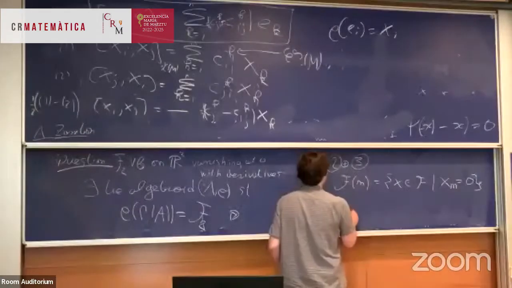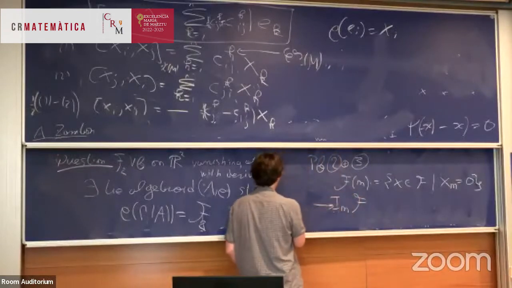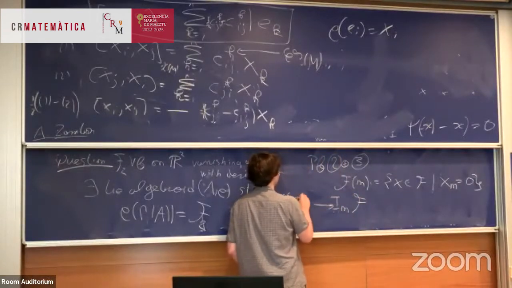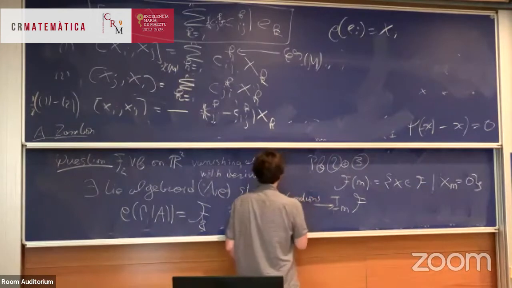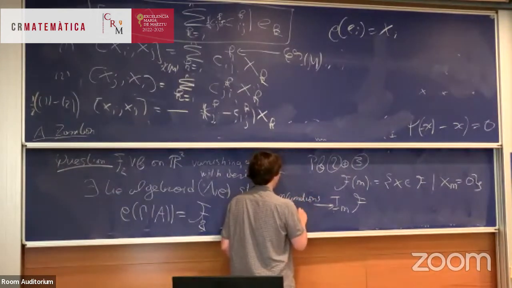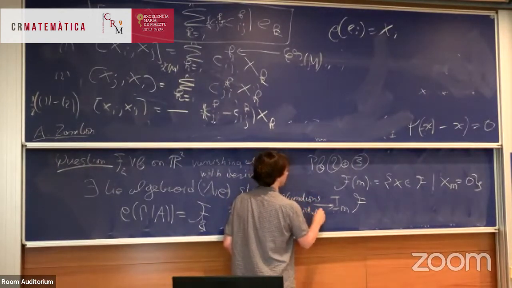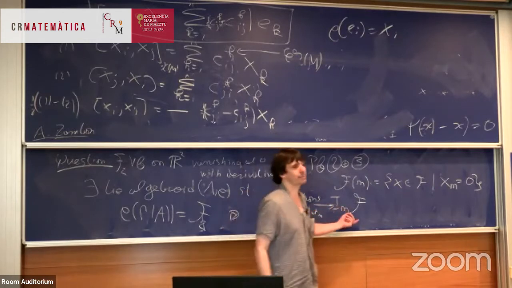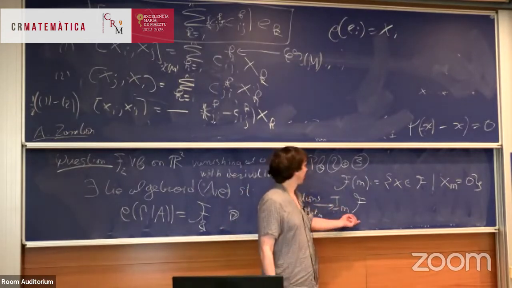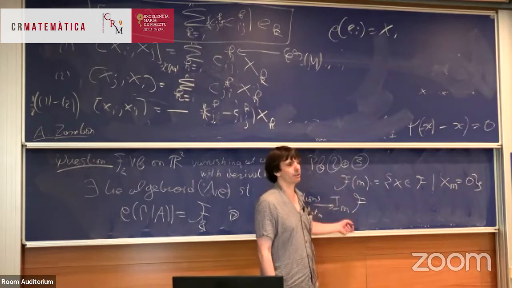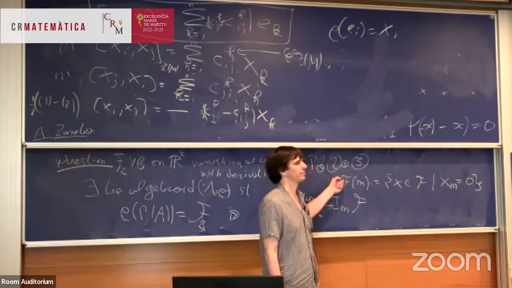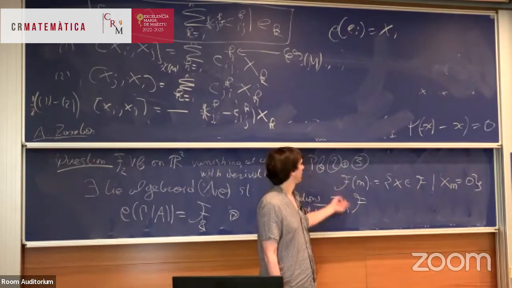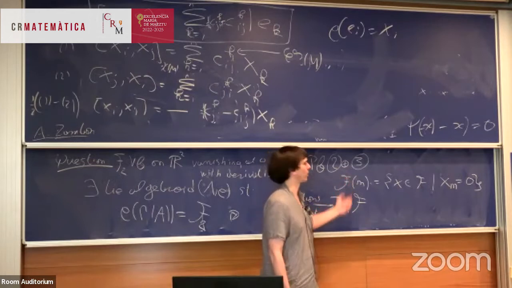Then I take I_m F. So I_m is the ideal of all functions that vanish at m. I_m F is clearly included in F of m, because they vanish at m. It's included, and it's a Lie ideal.